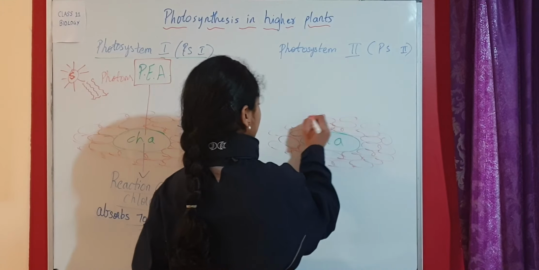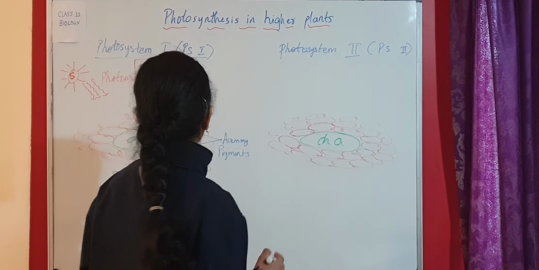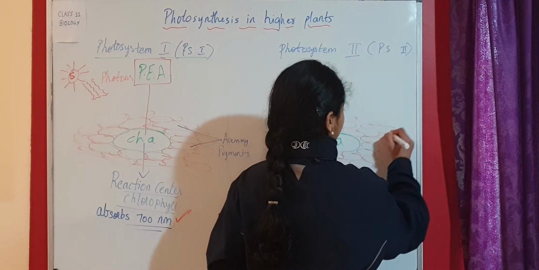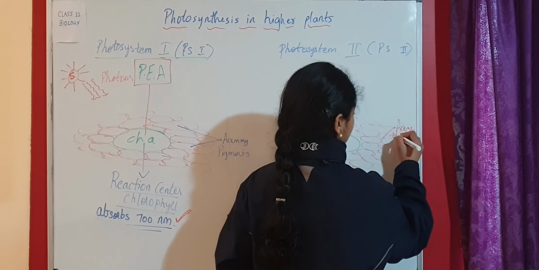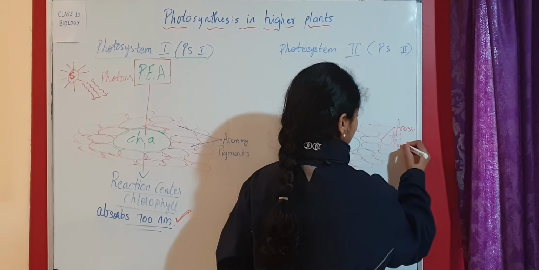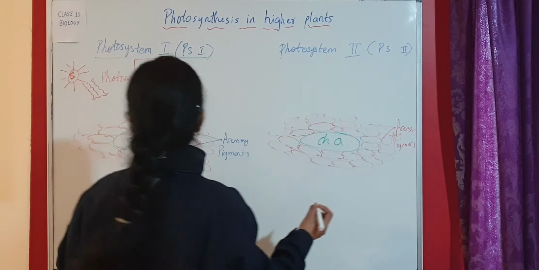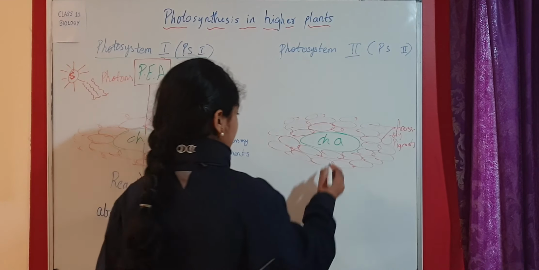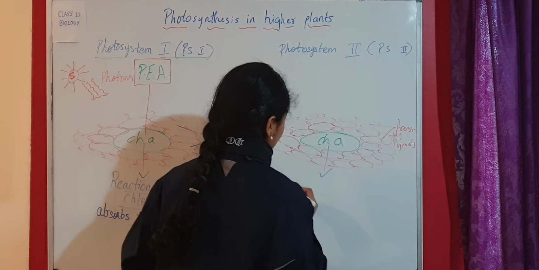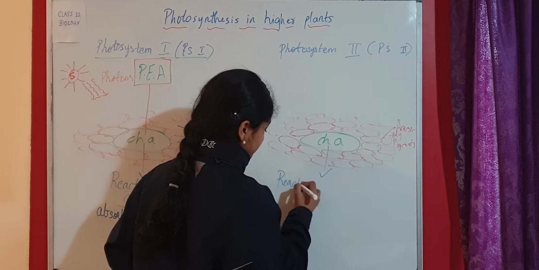We're just drawing some of them. Now these are accessory pigments, and this chlorophyll A is our reaction center chlorophyll.